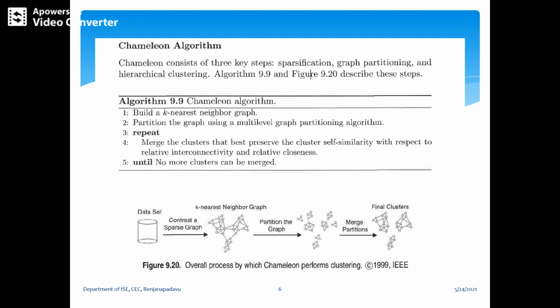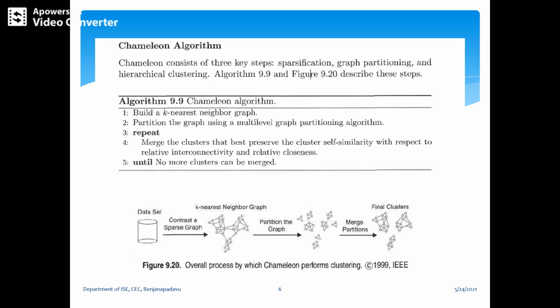So in Chameleon, algorithms like Chameleon consist of three key steps. Basically we discussed sparsification, graph partitioning and hierarchical clustering.